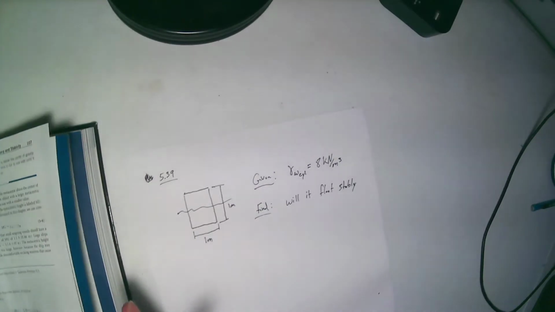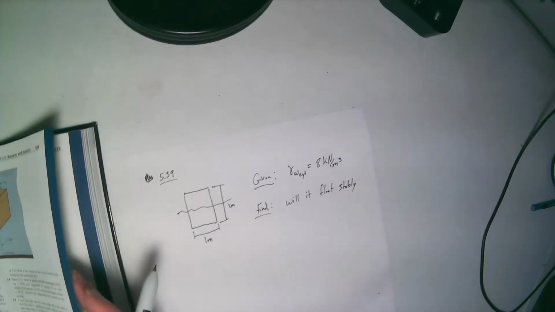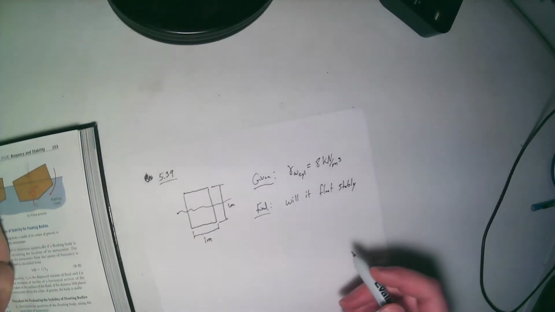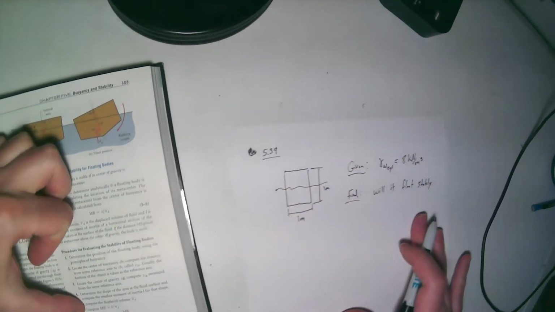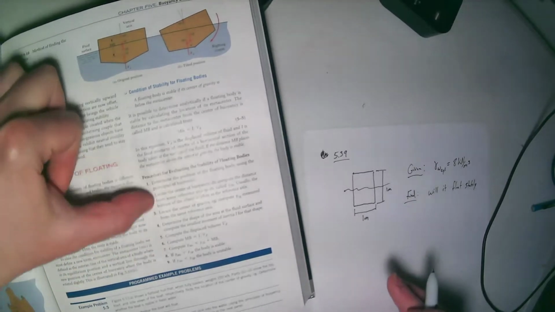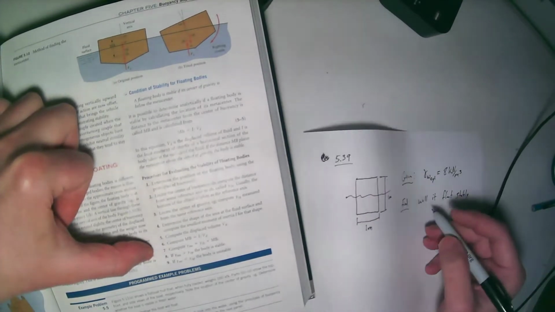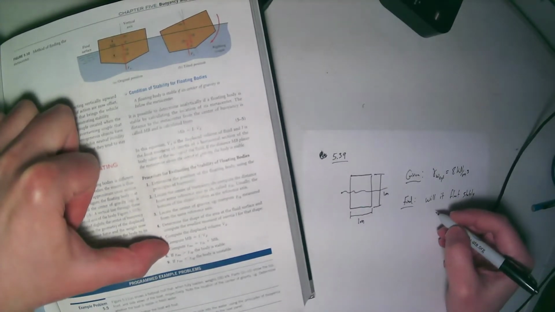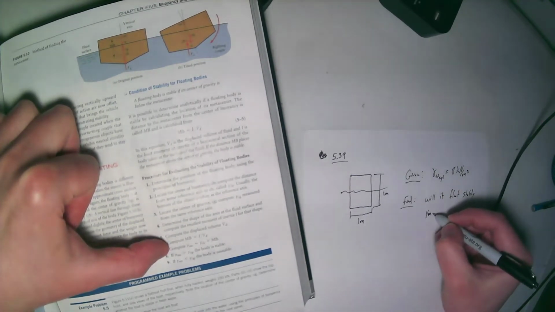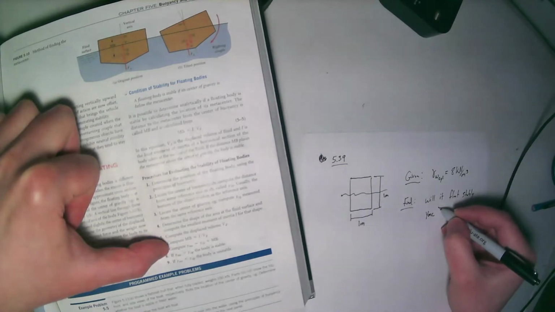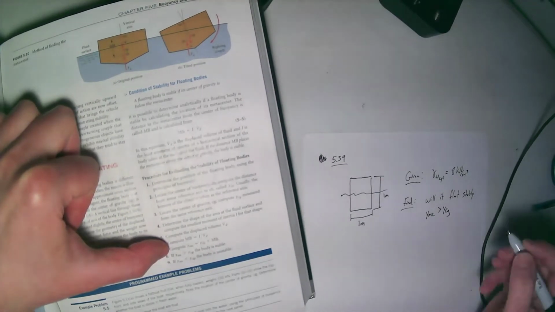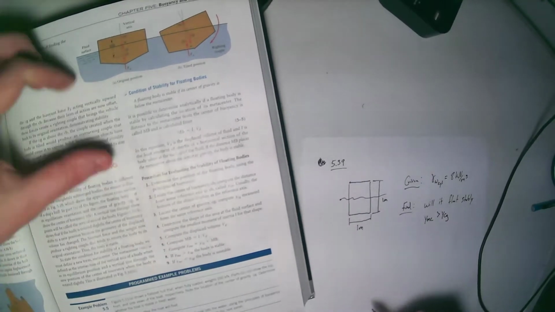Alright, so what does it mean to be stable, right? If we flip over to page 103, this is the procedure we're going to be following for this. Basically, if it's stable, what that means is our y distance to our metacenter is greater than our y distance to the center of gravity of the cylinder itself.